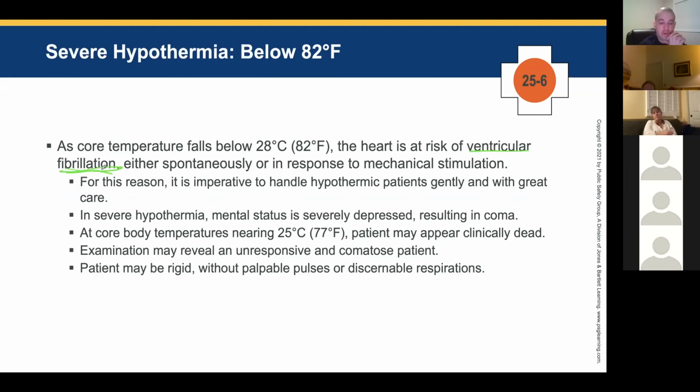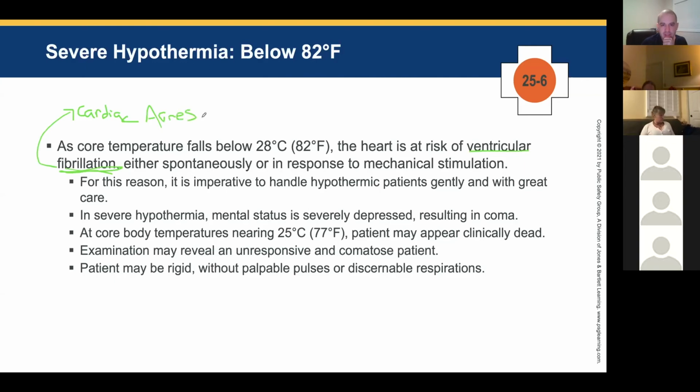No. And what would be another term for ventricular fibrillation? Cardiac arrest? VFib. Yep, cardiac arrest is what I'm looking for. So if somebody's in VFib, they are in cardiac arrest.